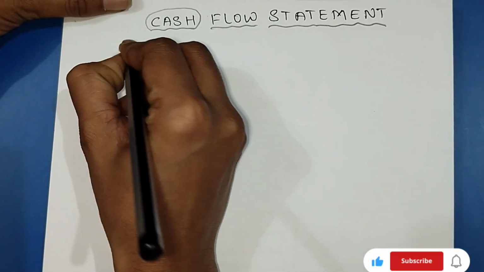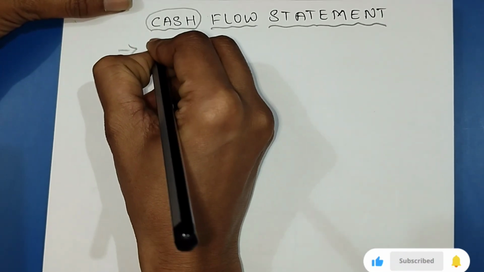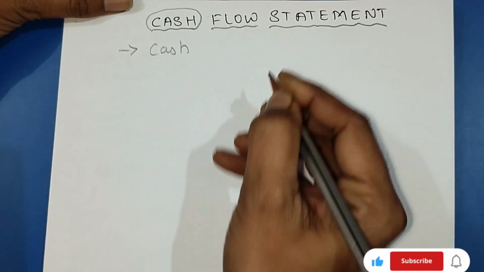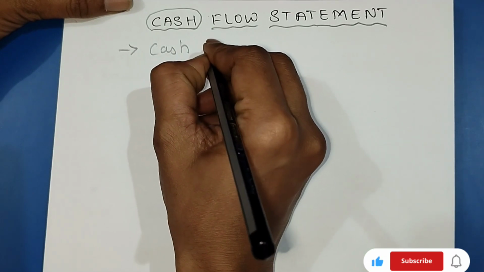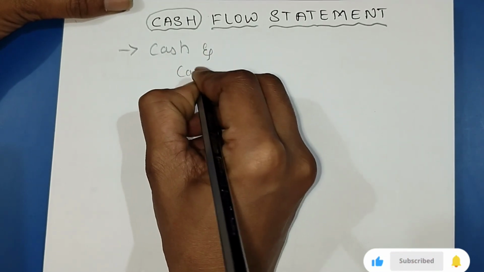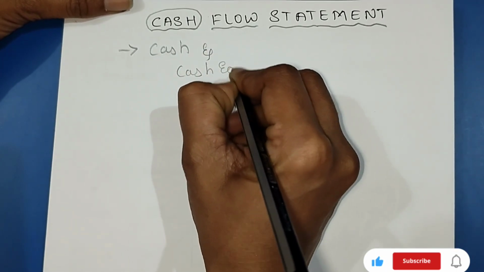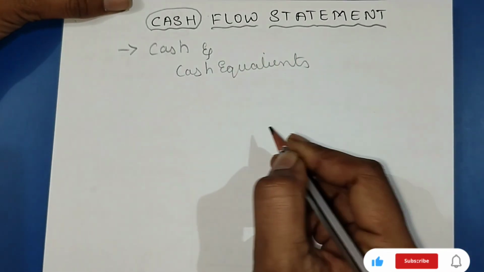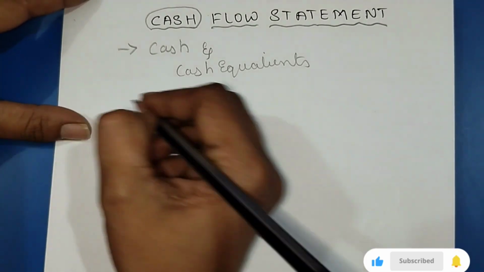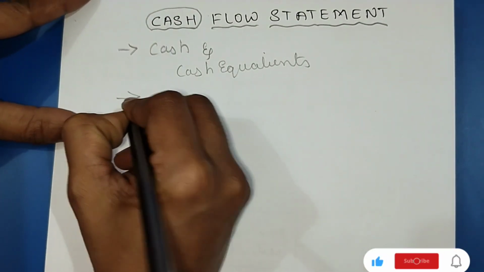But under the cash flow statement, your cash means not only the cash, it also includes the cash equivalents. Cash equivalents. So, which are cash equivalents?